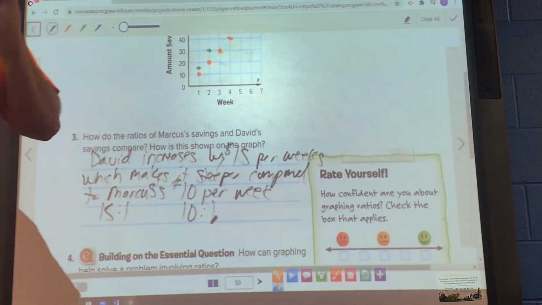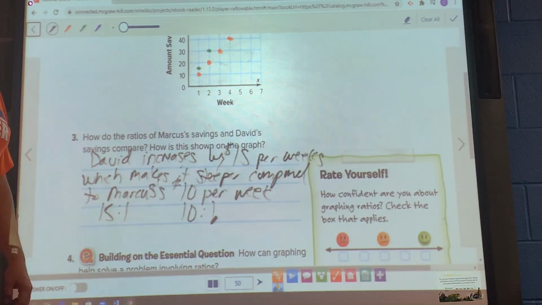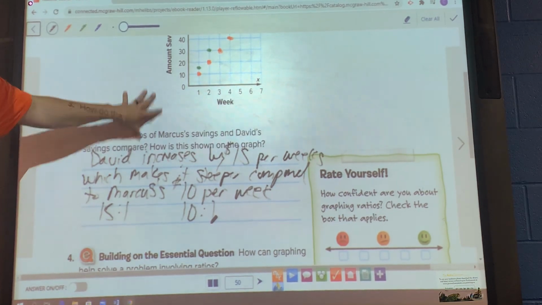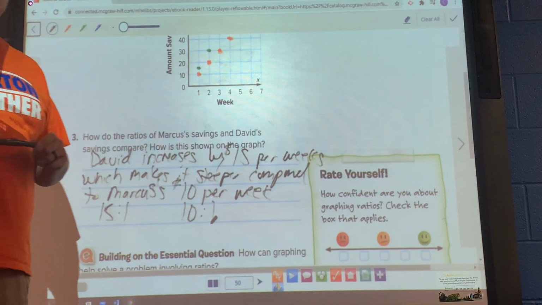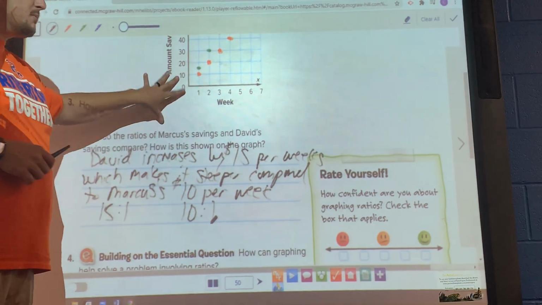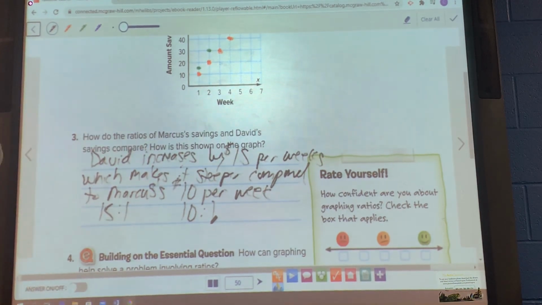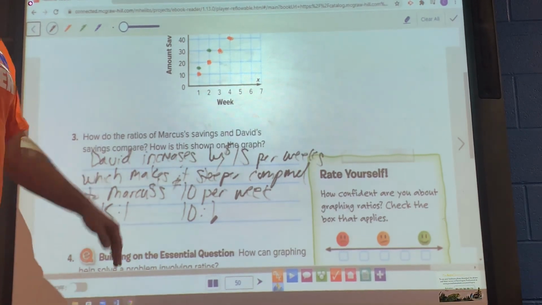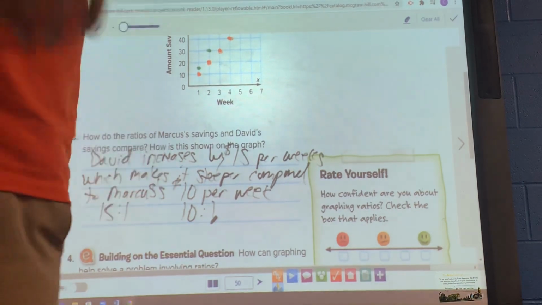The homework will always be the IXLs. You need to do this though, because otherwise the IXLs are going to be very tough. This helps you prepare for the IXLs. So this is what you need to work on before you complete the IXL. This is graphing ratio tables.